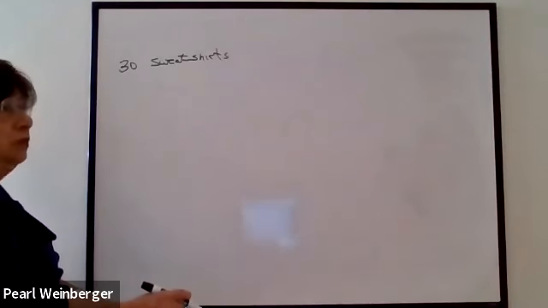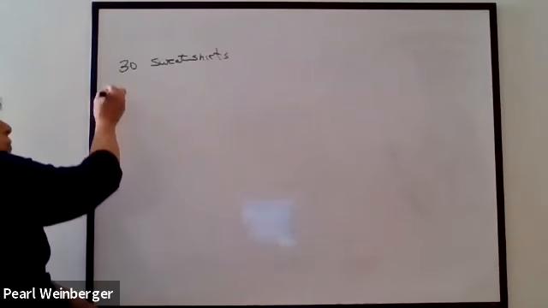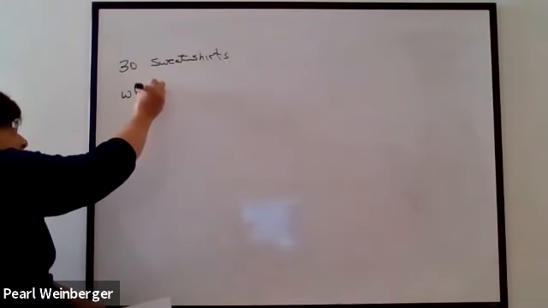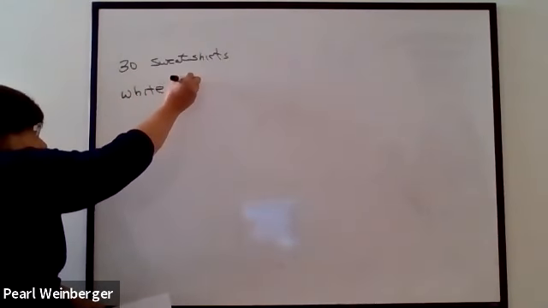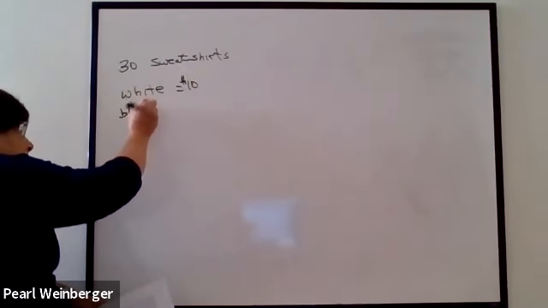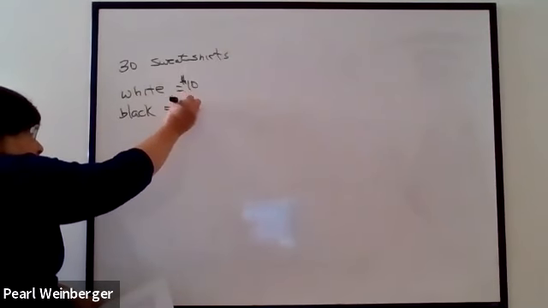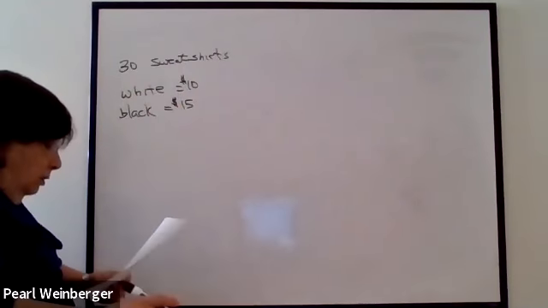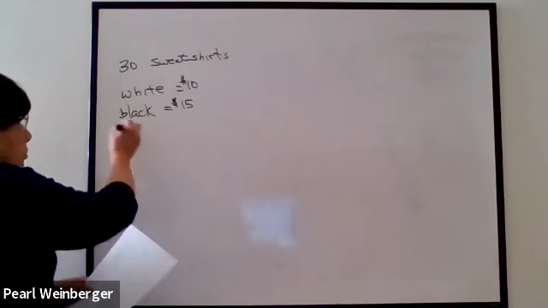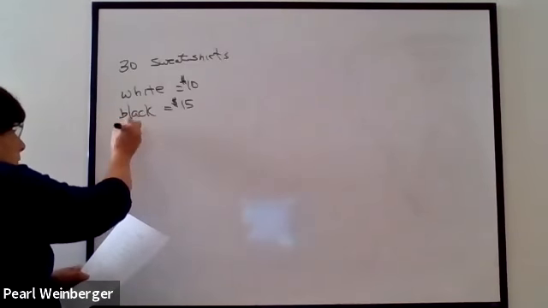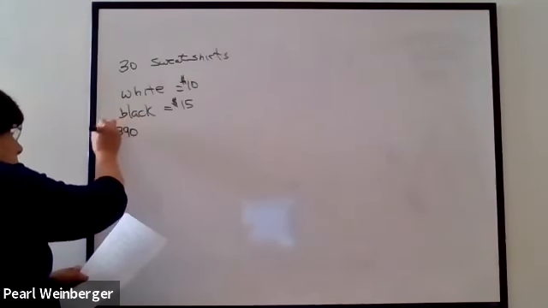Now, there was a difference in price between the two types of shirts. The white shirts had a price of $10, and the black sweatshirts had a price of $15. And what he made altogether, the total amount of money he made, is $390.